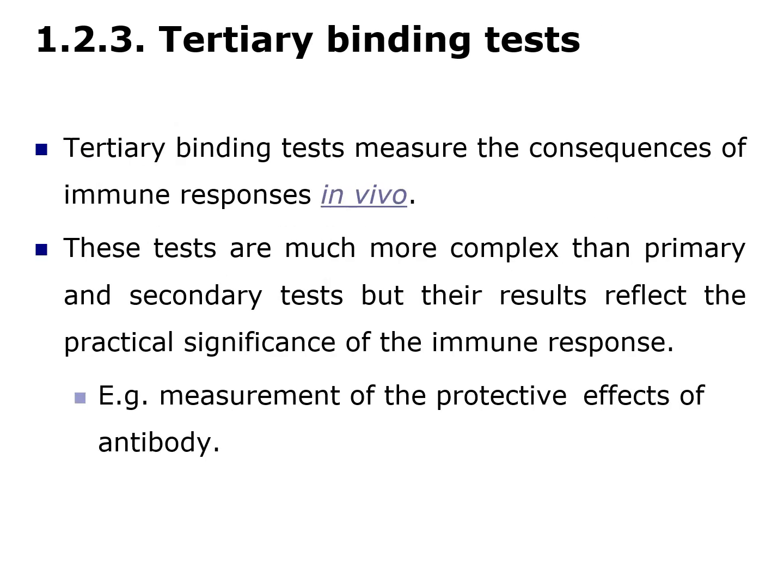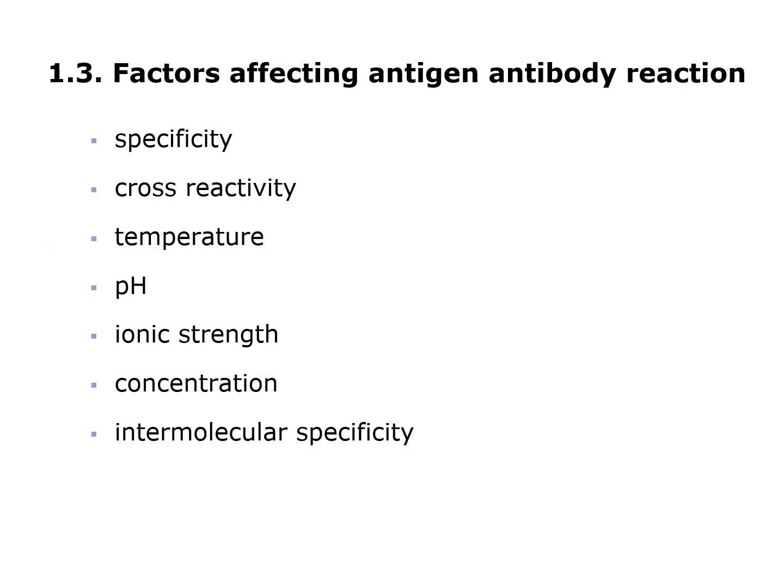Right, so this is the second to the last slide. Tertiary binding test. I have mentioned that this is a test that is most commonly done in research laboratories, and this is performed in vivo. Next, there are certain factors that can affect the antigen-antibody reaction, like specificity.